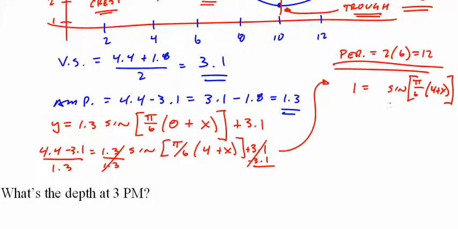How do we get rid of this sine? Hopefully remember, sine inverse first of all of it. Sine inverse first of this side. If you don't remember how to do sine inverse, this is good review.